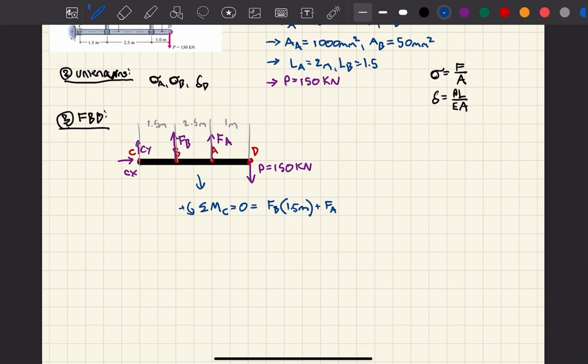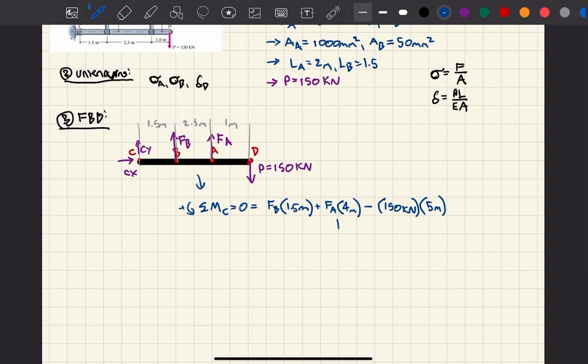I'm going to have another counterclockwise moment caused by force A, and I'm going to have a negative moment caused by my force P, and I can even call it 150 kilonewtons. 150 times, let's keep it as kilonewtons, doesn't matter, multiplied by the distance away, so 5 meters, right?